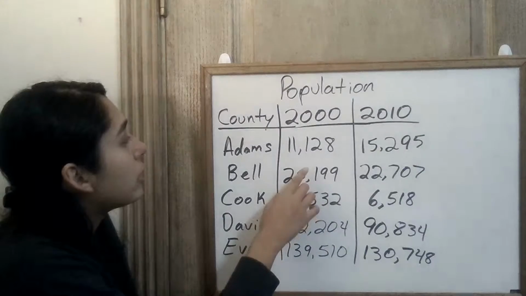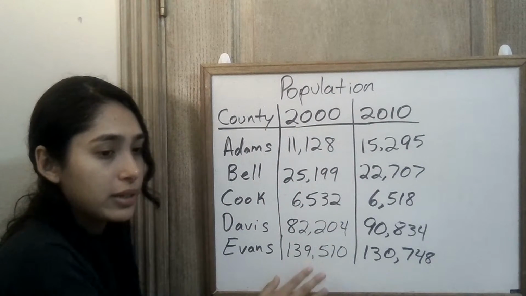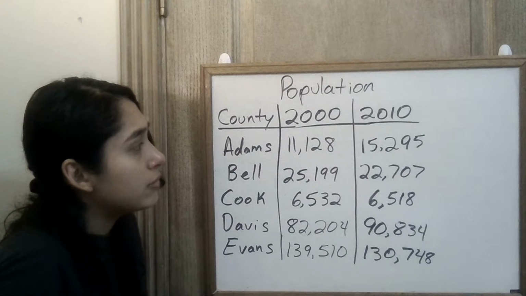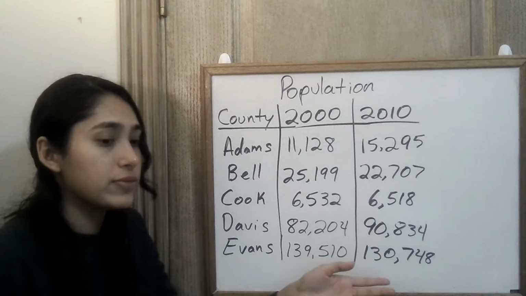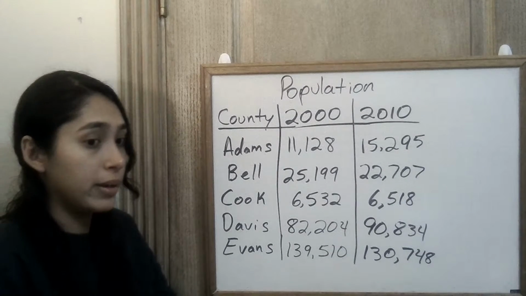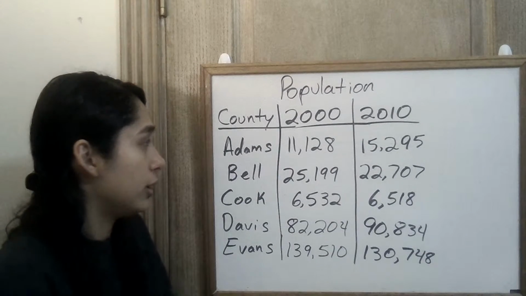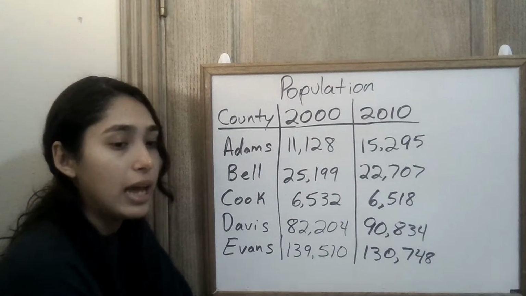We can't go based on the numbers from 2000 because it's been 20 years. We can kind of go off of the numbers from 2010, but 10 years have changed. In those times people finish high school, finish college, get married, move, or people are born as well. In that case, we're going to be looking at a trend.